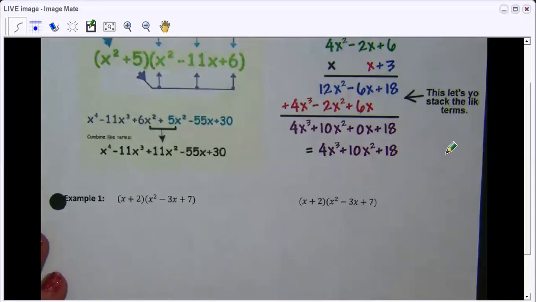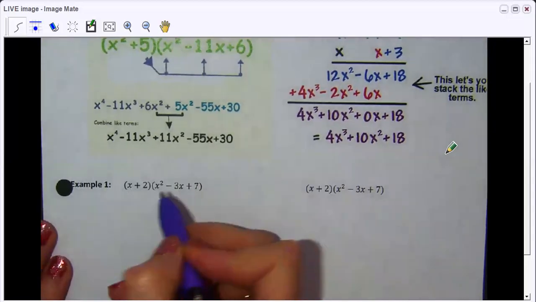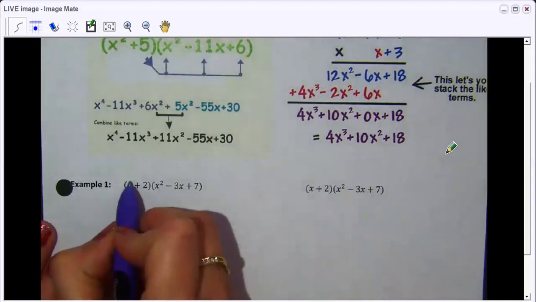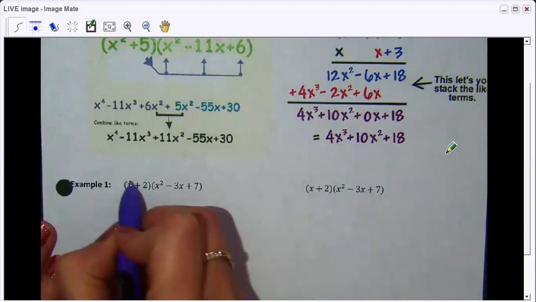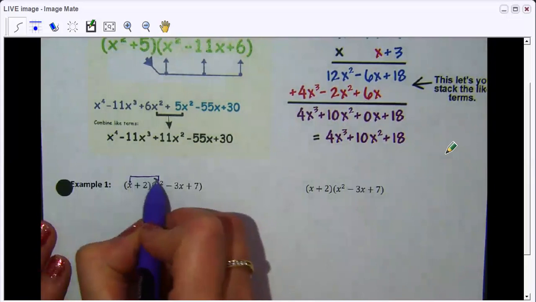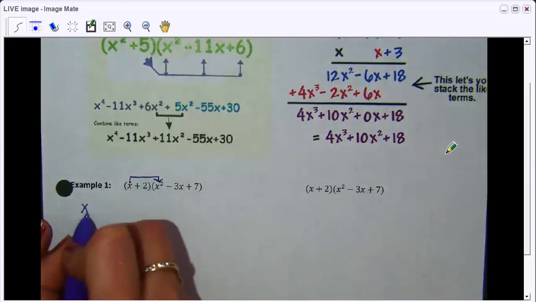Okay. All right. So let's look at this first one. With this first one, I'm going to multiply my first term x by each term inside of the parentheses. So I'm going to multiply x times x squared, and I get x cubed.